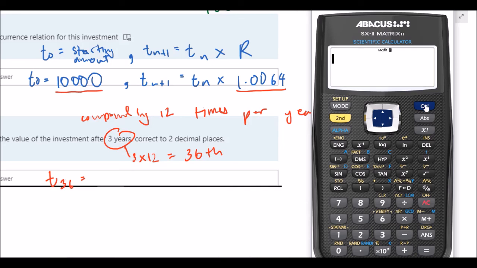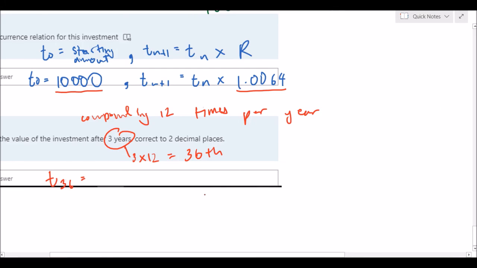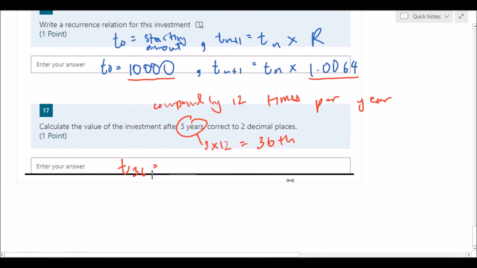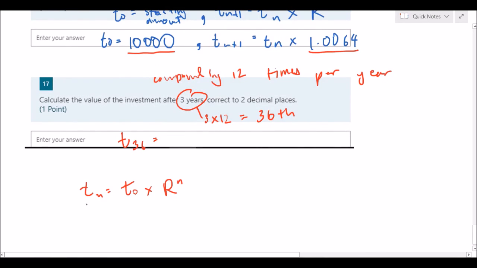So the quick way that I showed you guys yesterday, if you watched the video or if you were present, remember, was you could use this rule to find large high value terms. So you could go Tn is equal to T0 times R to the power of n. And what this is saying is, n refers to the term number.